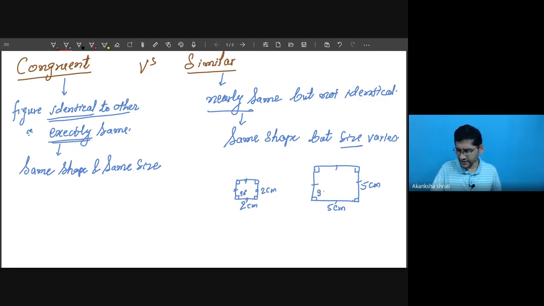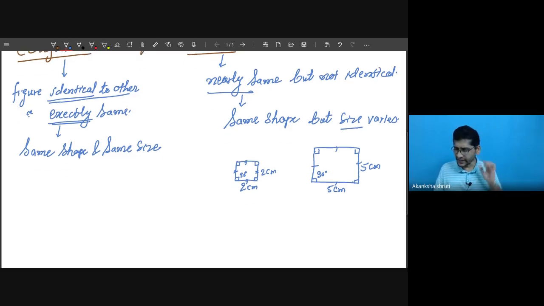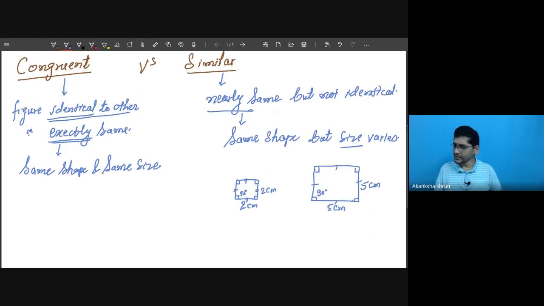In such a situation we observe that the definition of a square is satisfied by each square that we draw, irrespective of their side length. Such figures which have the same property but whose size varies are called similar.